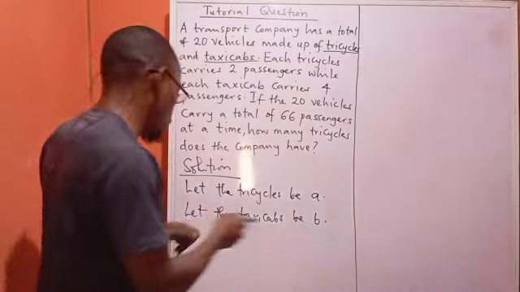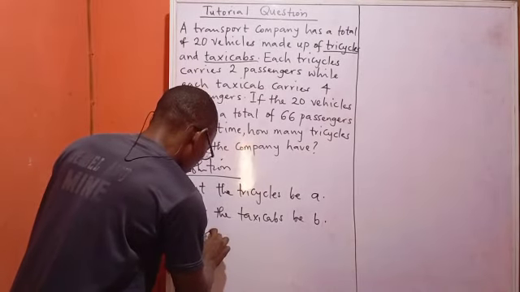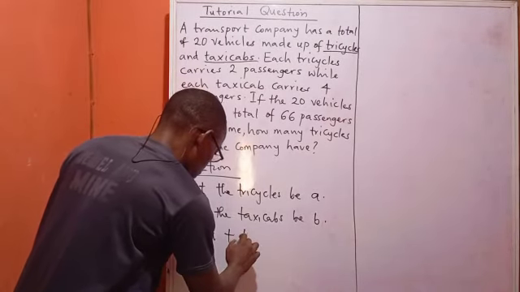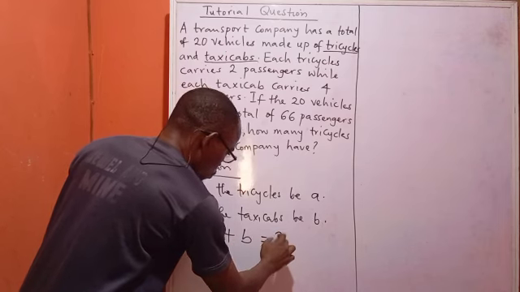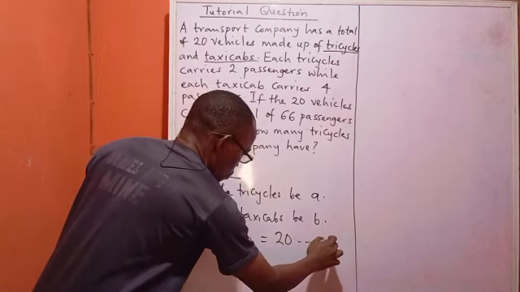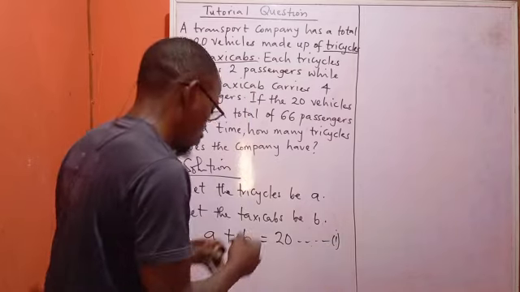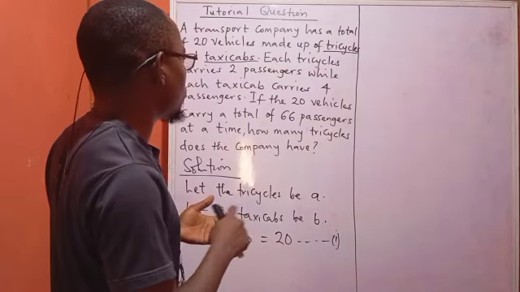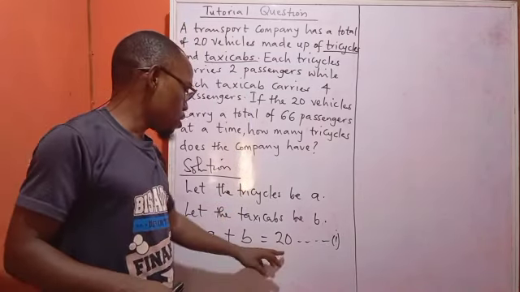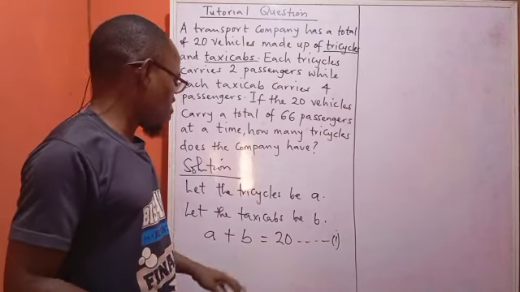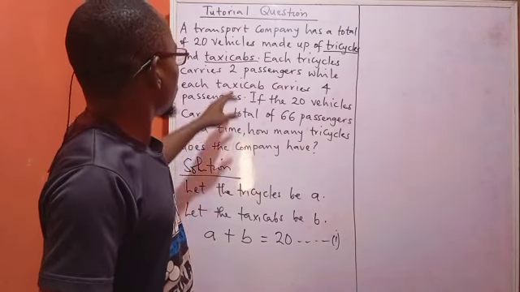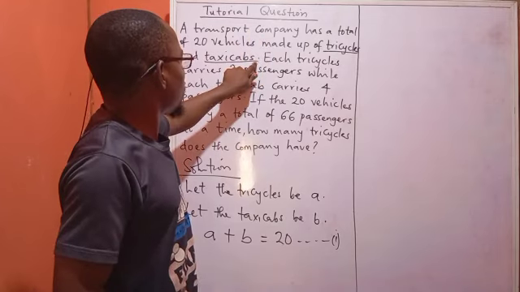So we will now have A plus B equals 20. This is our equation 1. That's the total of the tricycle and the taxicab, which is 20.